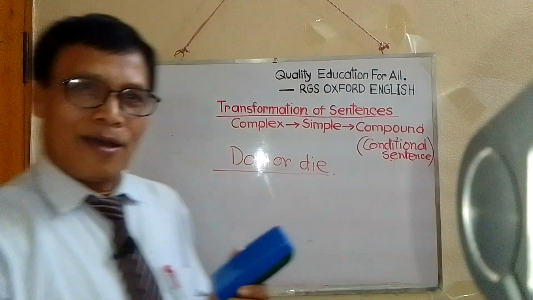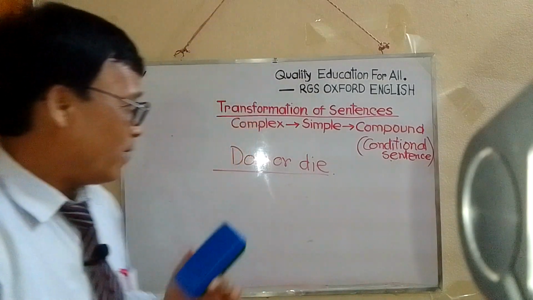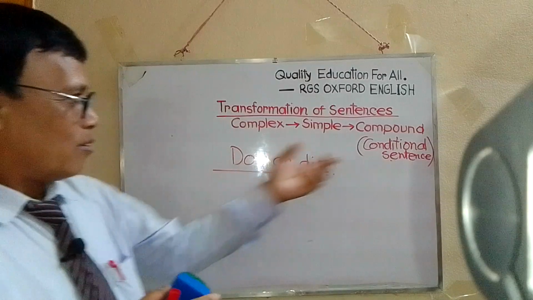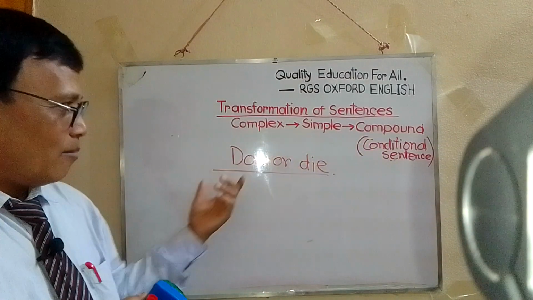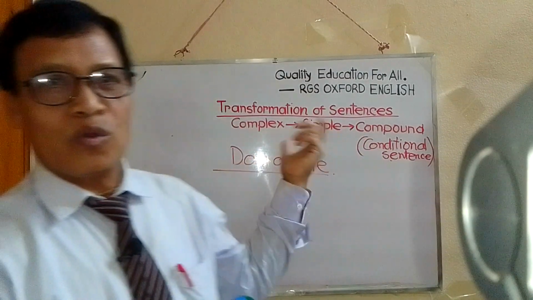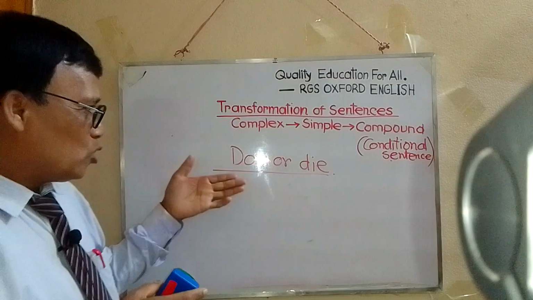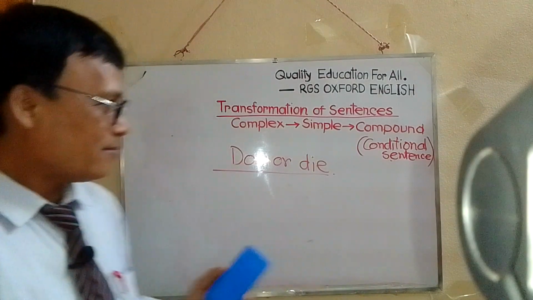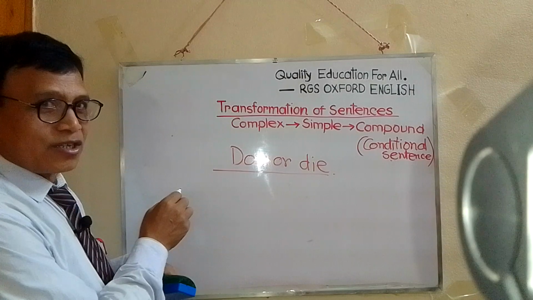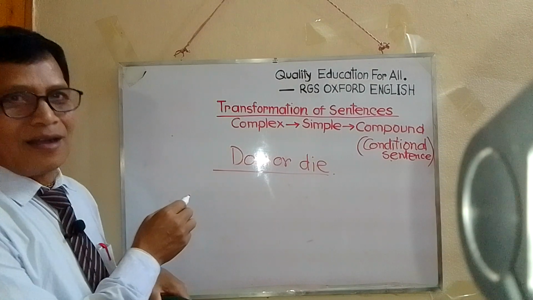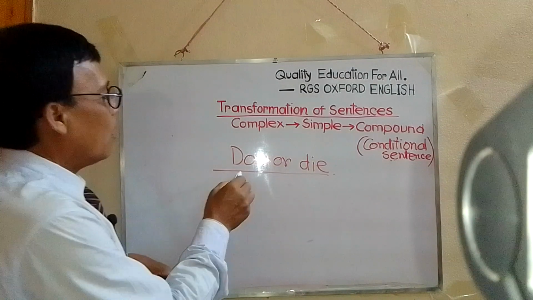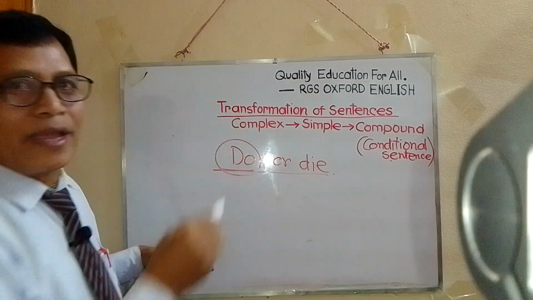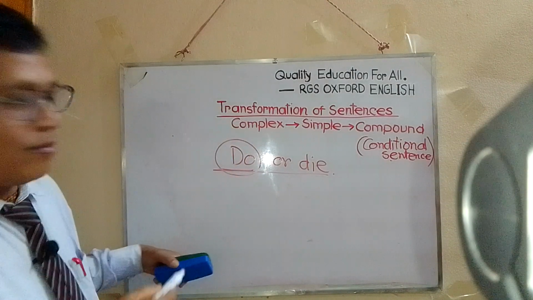Now let's come to our main point. We make it simple, compound to simple. "Do or die." Here first we must use a phrase. And we make it a phrase. But how?